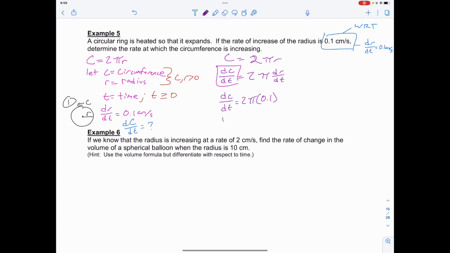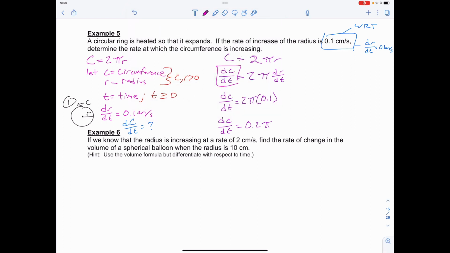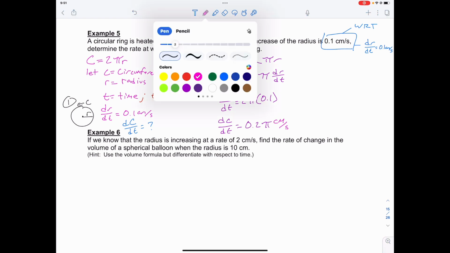Which means that my dC over dt is going to equal 0.2 pi. And that is measured in, the measurement for the circumference is in centimeters, and it's in relation to seconds. Always make sure you put the units back in here.